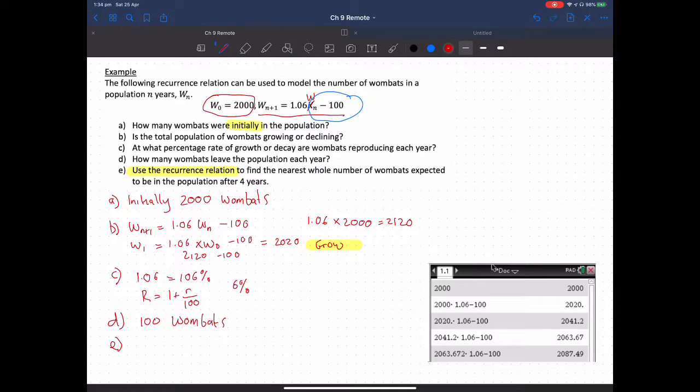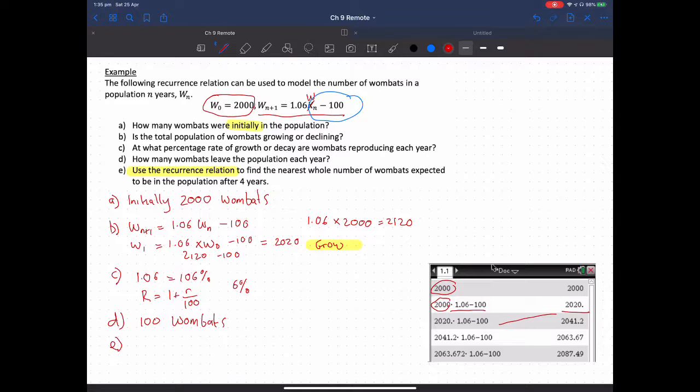I have done this using a calculator where I have gone 2000, typed it in, pressed enter, and then typed times 1.06 minus 100. Calculator will then put answer here and gave me 2020. Pressed enter.